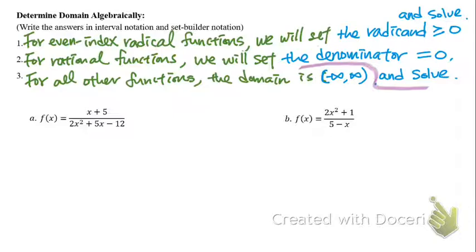The first question, part A, f of x equals (x plus 5) over (2x squared plus 5x minus 12). Now this looks really obvious that it is a rational function, right? If you still need a reminder of why this is a rational function, I would suggest you write it out.